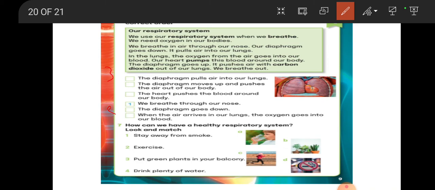And then when the air arrives in our lungs, the oxygen goes into our blood. And then number five, the heart pushes the blood around our body. And finally, number six, the diaphragm moves up and pushes the air out of our body.